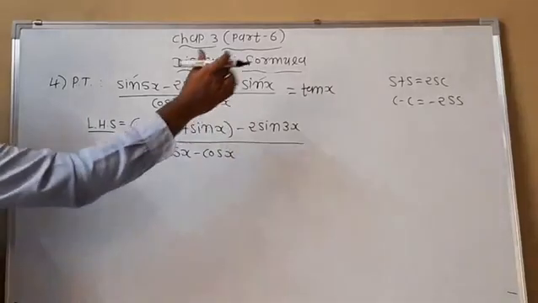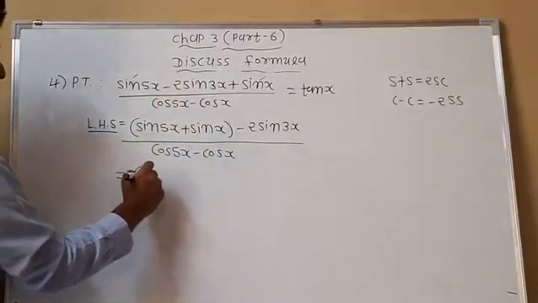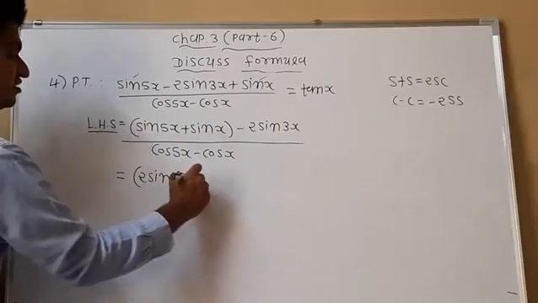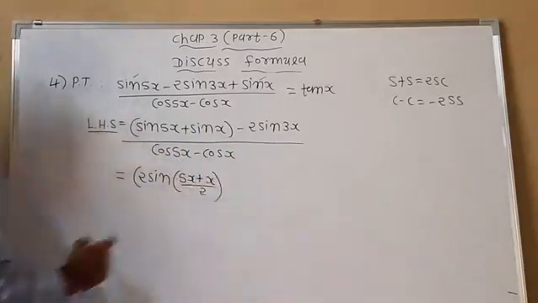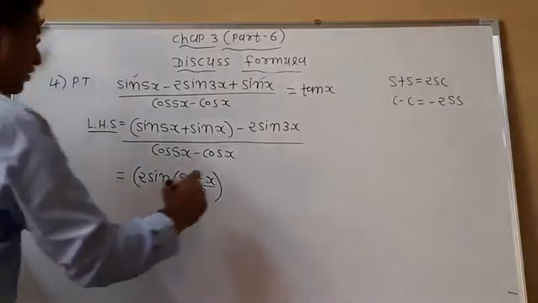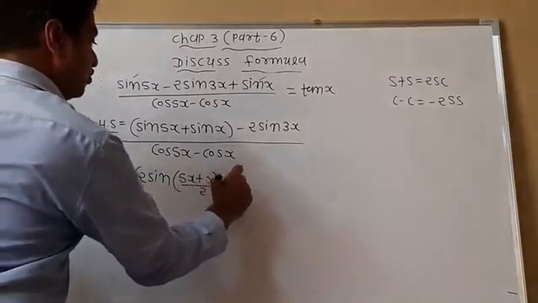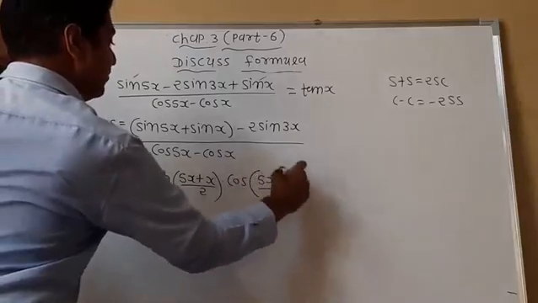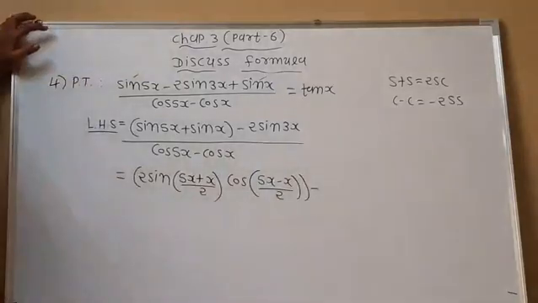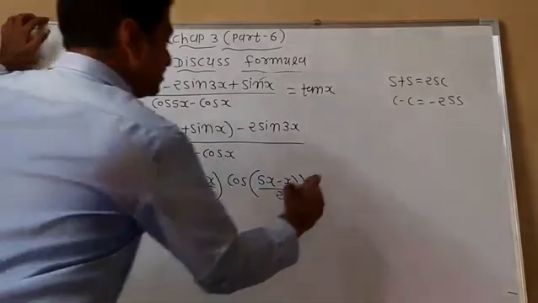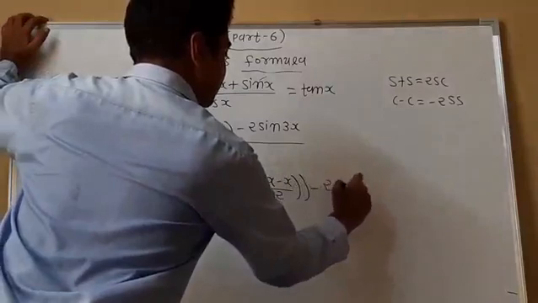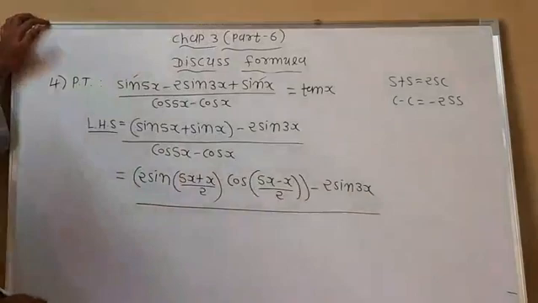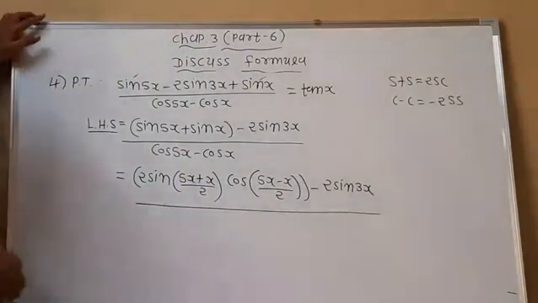So s plus s, that means 2 times sine (5x plus x)/2 into cos (5x minus x)/2, over minus 2 times sine 3x written as it is, upon in denominator cos minus cos, that means minus 2 sin sin.